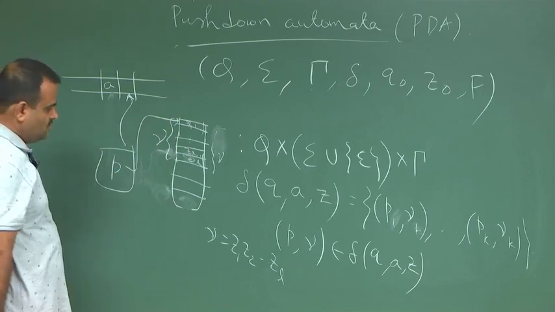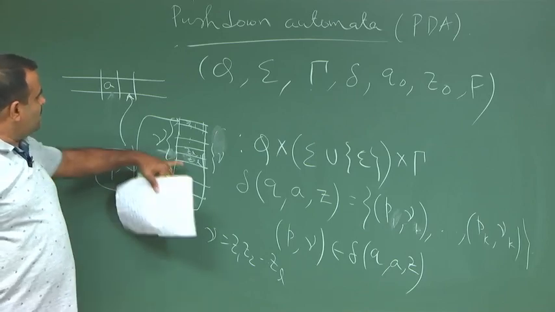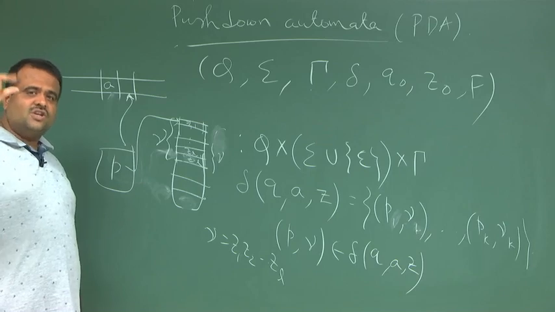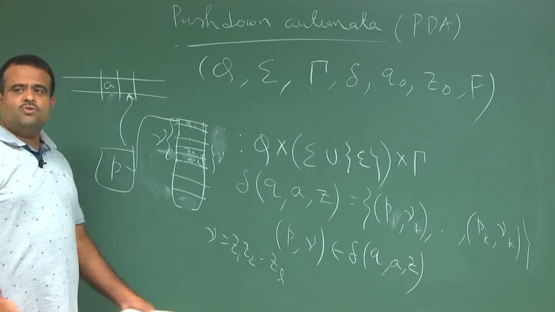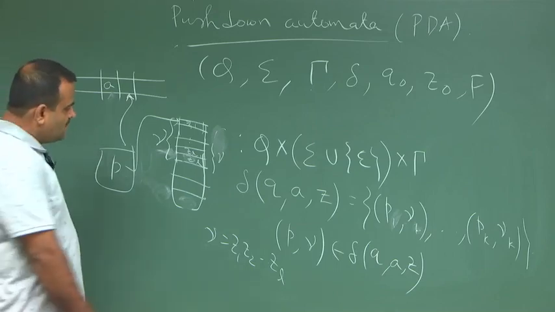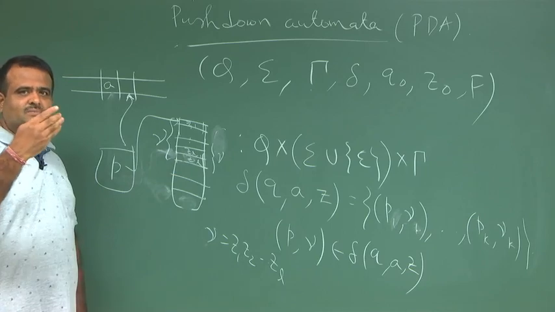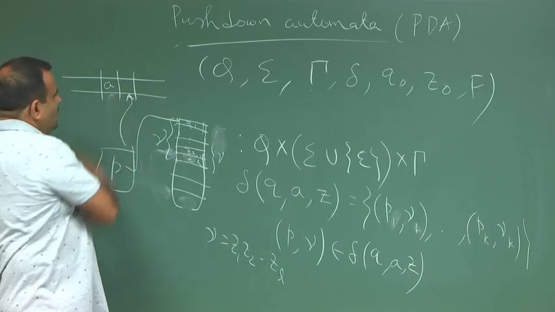This is the movement by the PDA: it will replace the top of the stack symbol by a string of stack symbols, and that string is gamma. It could be epsilon also, in which case the stack symbol is erased.